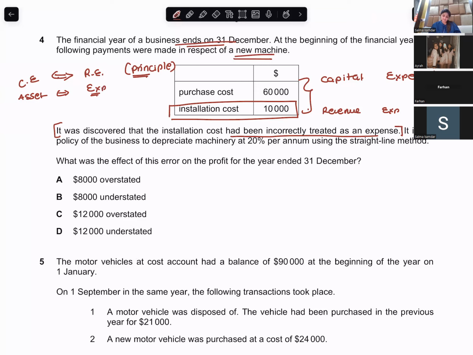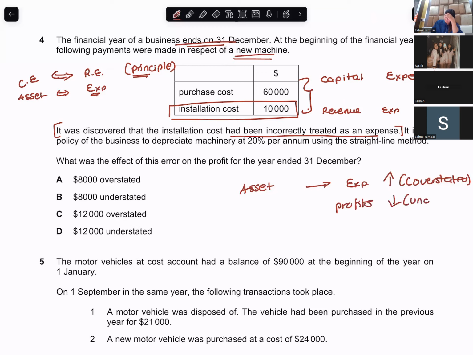The expense is recurring in nature, so your expense is overstated, right? If expense is overstated, what happens? Your profit will be understated.